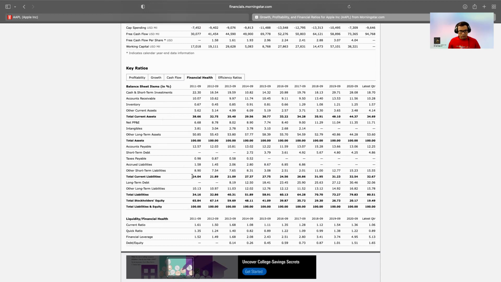So total liability is 34, and equity, which is the other portion of liability and equity, is 65. Sum liability plus equity together, it is 100%. So this is in terms of percentage, not in terms of value. If you want to know the breakdown of the value, we can go into that later.